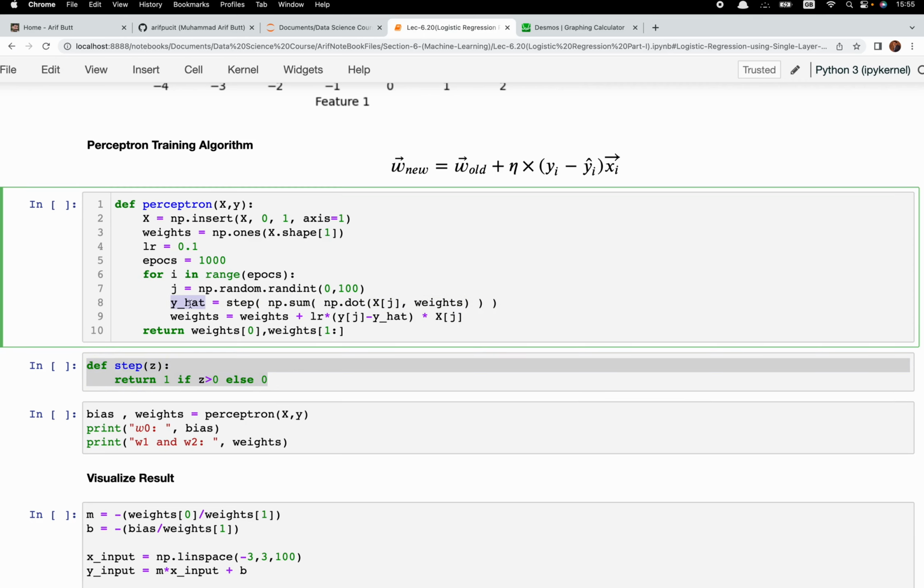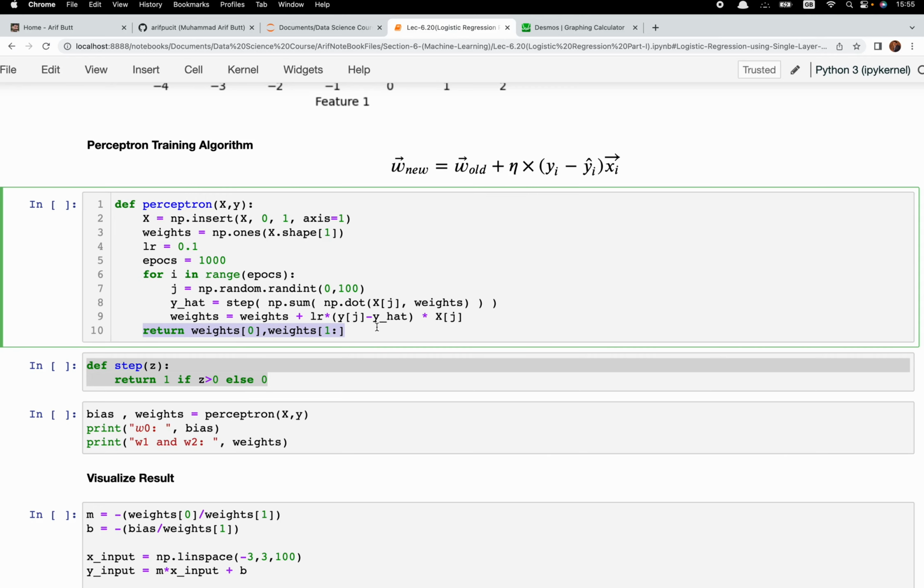Anyway, after calculating this y hat, this line is actually updating the weights using this equation which is mentioned up over here. And finally, when the loop ends, this function is going to return the bias which is there at the 0th index of the weights vector, and the weights for all the input features.